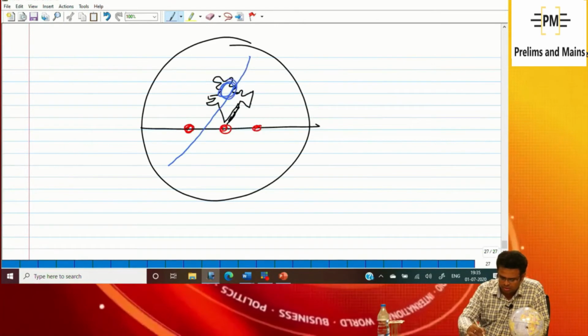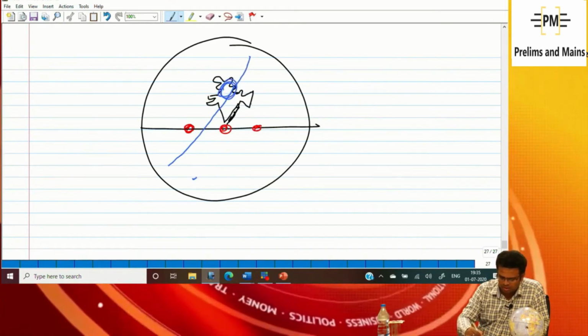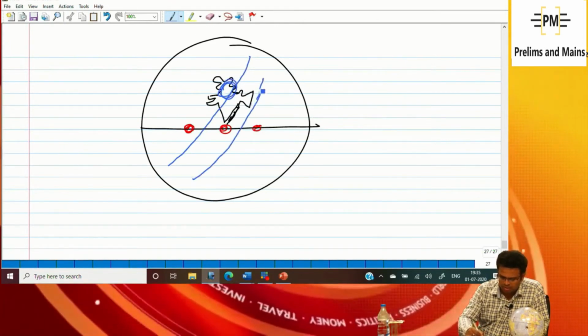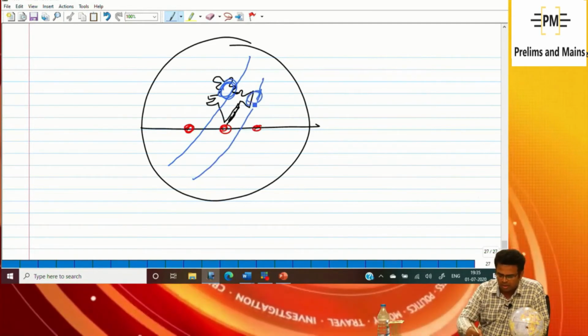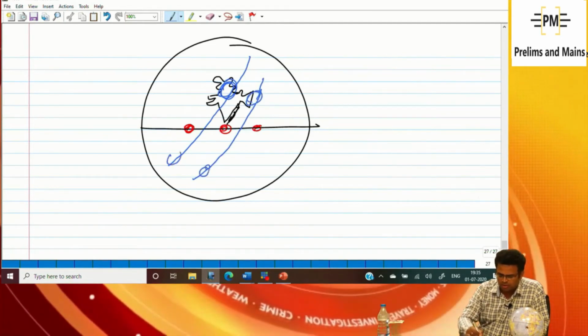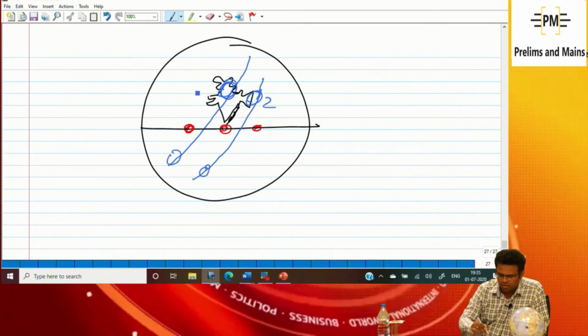So here it is the western Himalaya, and for the eastern Himalaya here it is. So one has gone back, and another has to come. Okay, so there will be 2 here, 2 here.